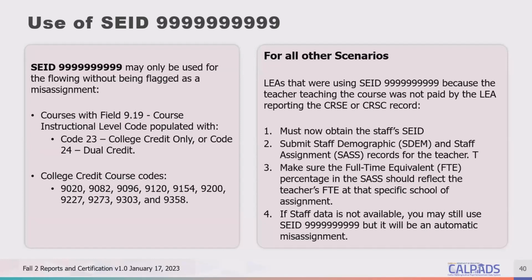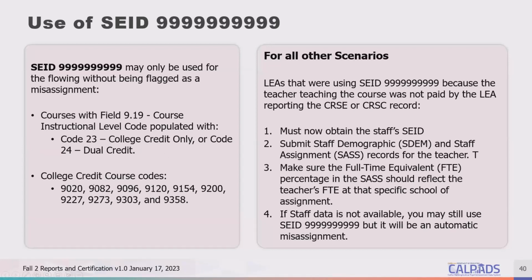By default, the generic SEID triggers a potential misassignment. The only exceptions to this are college courses, so either the college credit courses listed here, which are for your academic content areas, art, math, science, and so forth, and then CTE courses that have non-instructional assignment code of 23 or 24 also assigned.